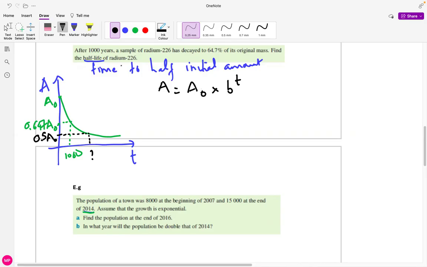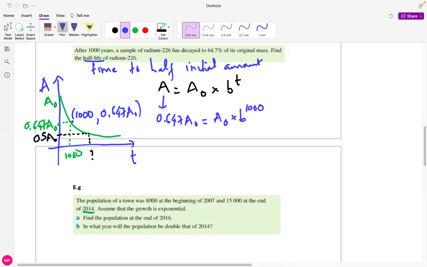But we can find b if we just substitute a point t and A. So the point we have here is 1,000 and 0.647 A0. So we sub it in. So A we replace with 0.647 A0 equals A0 times b to the power of t. t is 1,000.